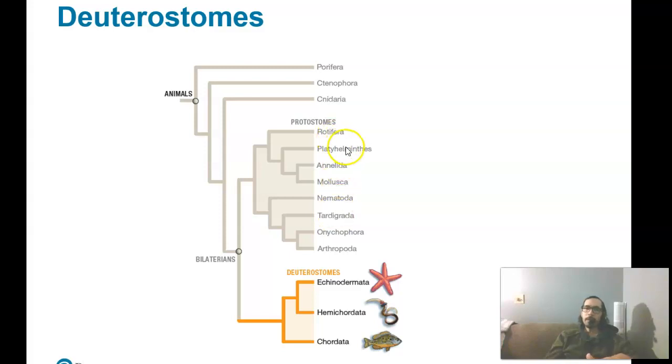Okay, so like the flatworms, the ringed worms, mollusks, and arthropods, they're all protostomes. Okay. The deuterostomes include Echinodermata, Hemichordata, and Chordata. So these are the phyla.